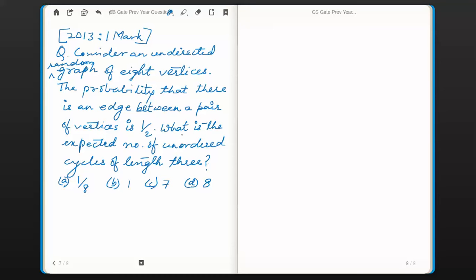So we are supposed to calculate the expected number of unordered cycles of length 3, given that a pair of vertices has an edge in between with a probability half. Right, so what is a cycle? A cycle is a closed path where none of the vertices are repeating except the first one. So an example of a cycle is like this.